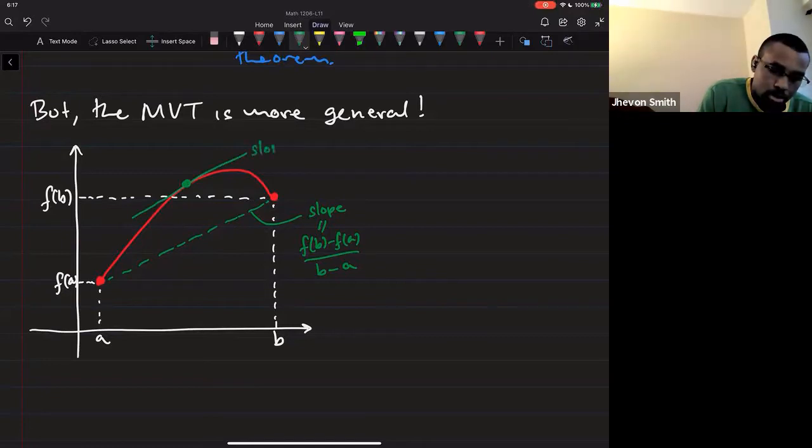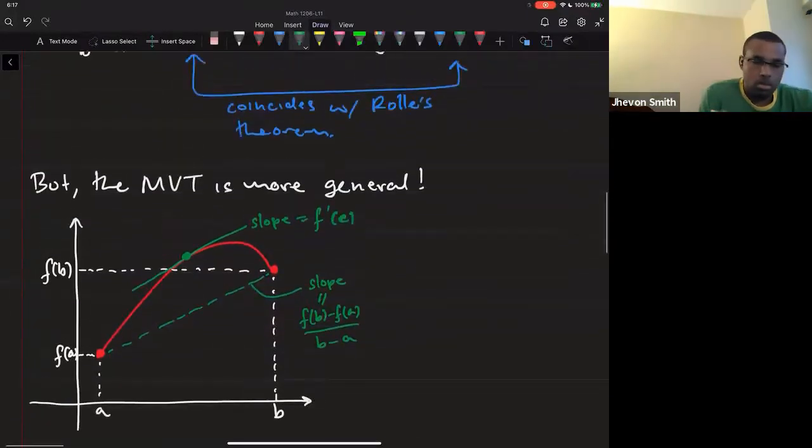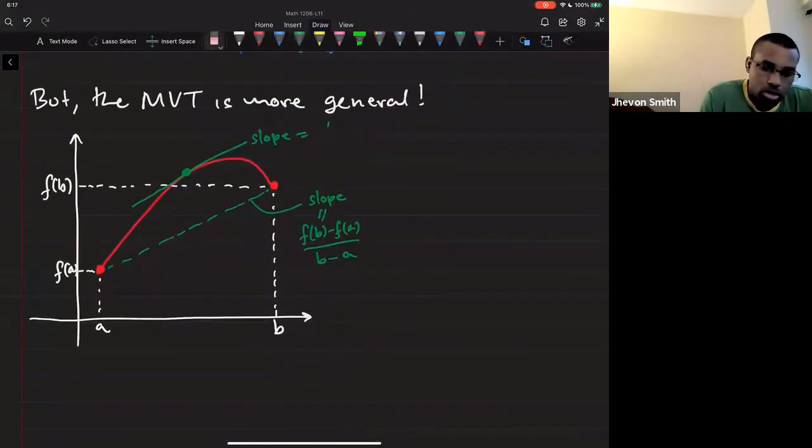So the slope here is going to be f prime of some specific value, C. Right?